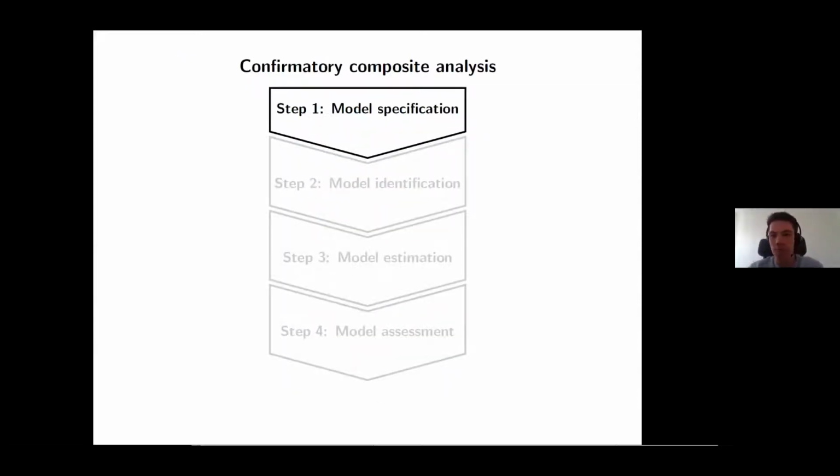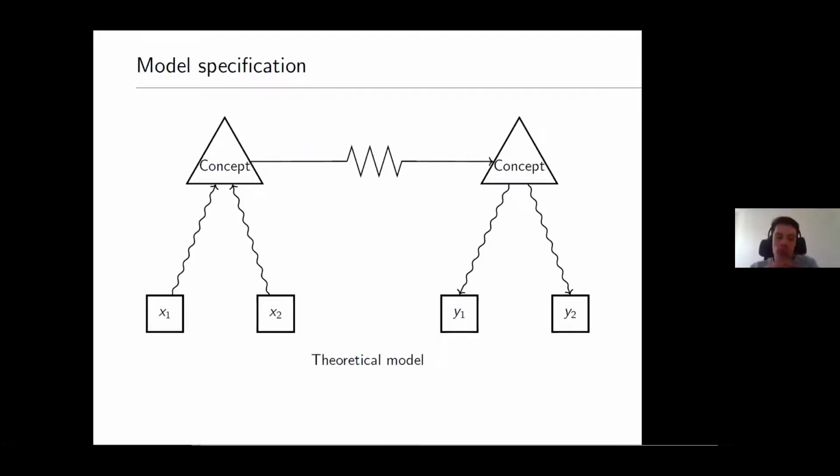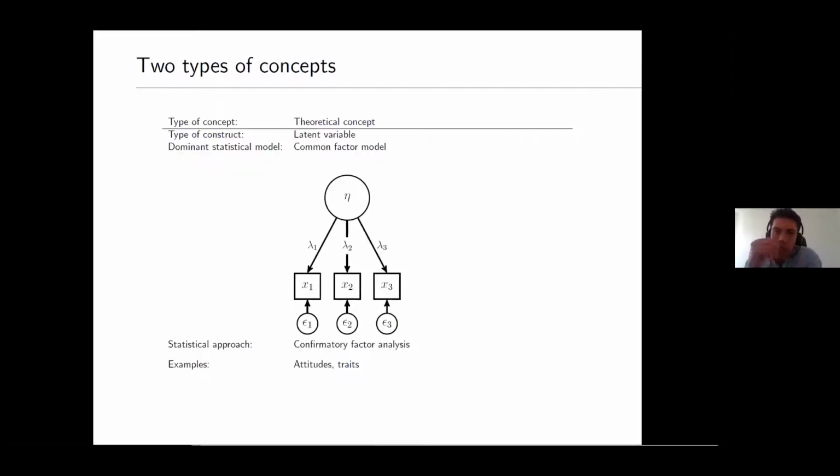So I start naturally with the model specification. In structural equation modeling, usually a model is specified with regard to a theory, and the theory comprises concepts, here highlighted by these triangles. Then the researcher postulates some relationships between the concepts and the observed variables.